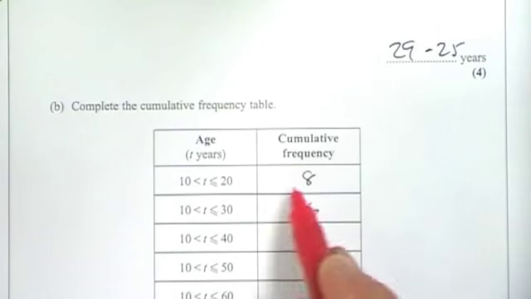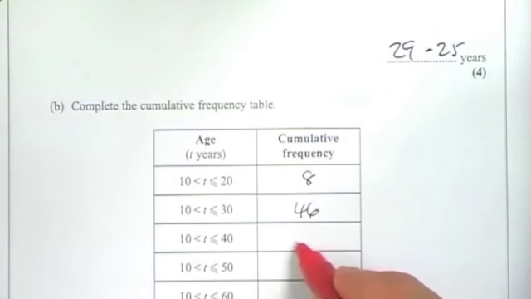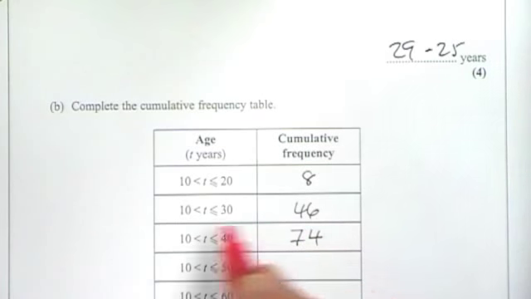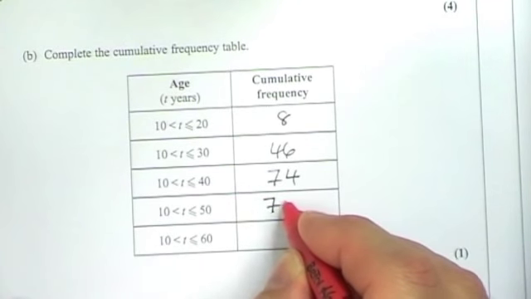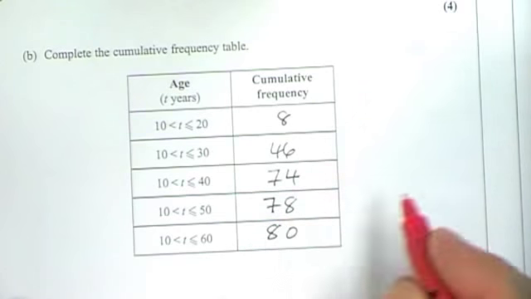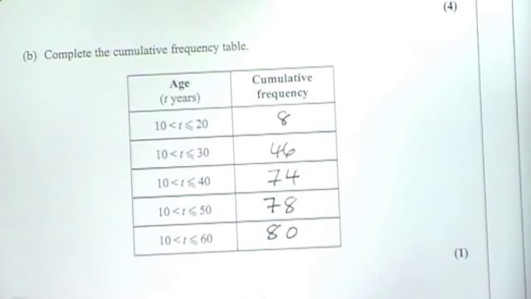So those 28 get added to the 2 previous rows, and we get 74. And likewise, there's another 4 people in that table above, and another 2. So if we add those on, add 4 here to get 78, and add 2 more, 80. These are cumulative frequencies.